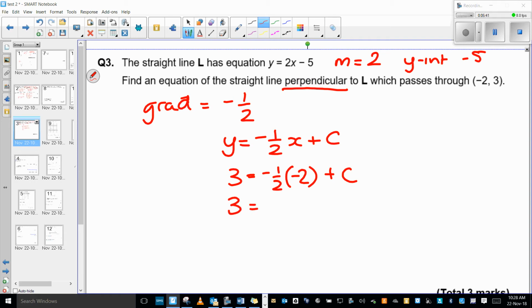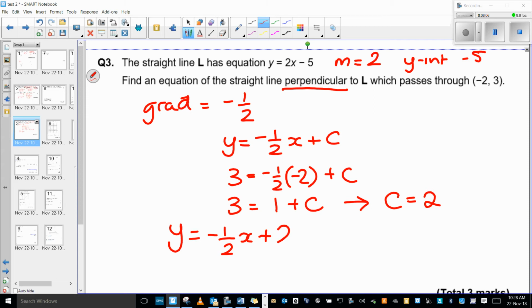You had your calculators available to you if you're not confident with your multiplying. You've got 2 negatives multiplying together, so we know the value is going to be positive. You've got 2 lots of 1/2, which gives you 1. Your rearranging is sometimes letting you down here. So we are subtracting 1 from both sides, which means c is 2. So our equation is y equals -1/2 x plus 2.